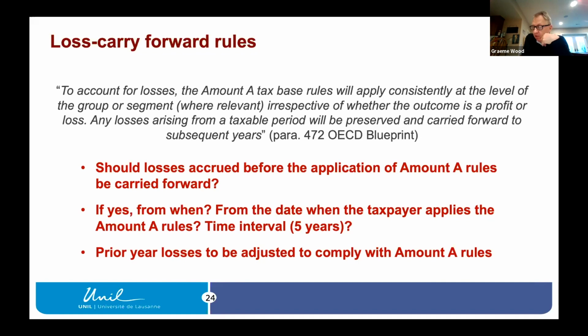I think, as Guglielmo said, there has to be a balance between residence and source here, because I think the party which has invested ought to at least effectively be able to benefit from that investment by tax being paid on the profits which come in the future.